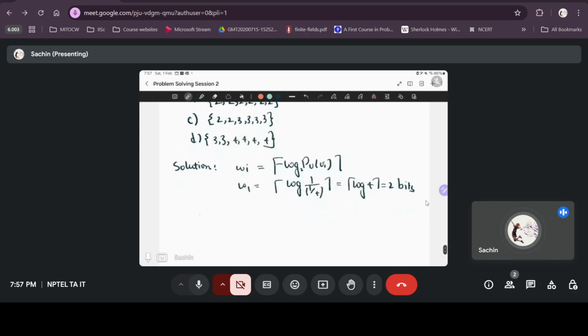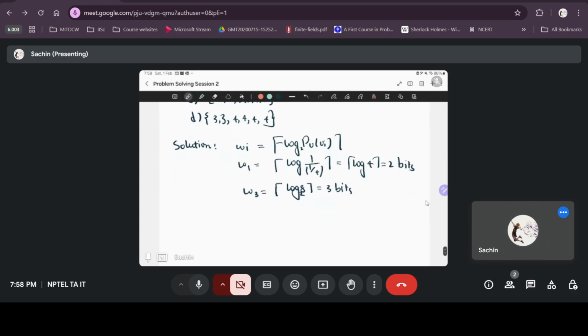So from that we can see the right answer is option C. We can also check the code word length for the messages with probability 1/8: the ceiling of log 8, which is 3 bits. So the messages with probability 1 over 4 are assigned 2-bit code words, and messages with probability 1 over 8 are assigned 3-bit code words. Therefore, the answer is option C.